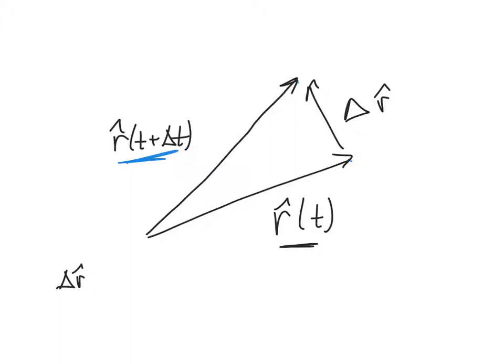had a component along r hat itself, in other words, if there were a component of delta r hat that ran along r hat, that would mean that r hat would change magnitude over time.